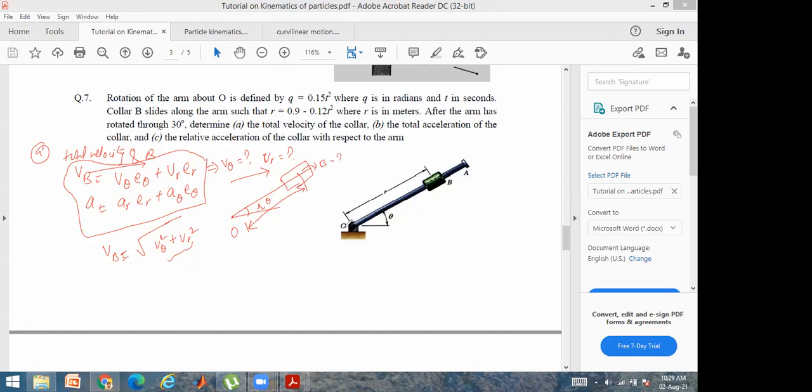To find velocity of B you need to find vθ and vr.